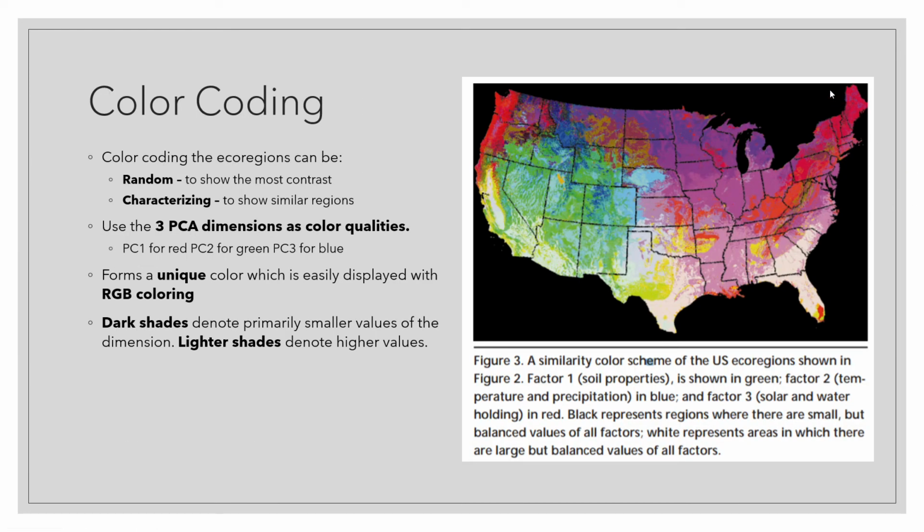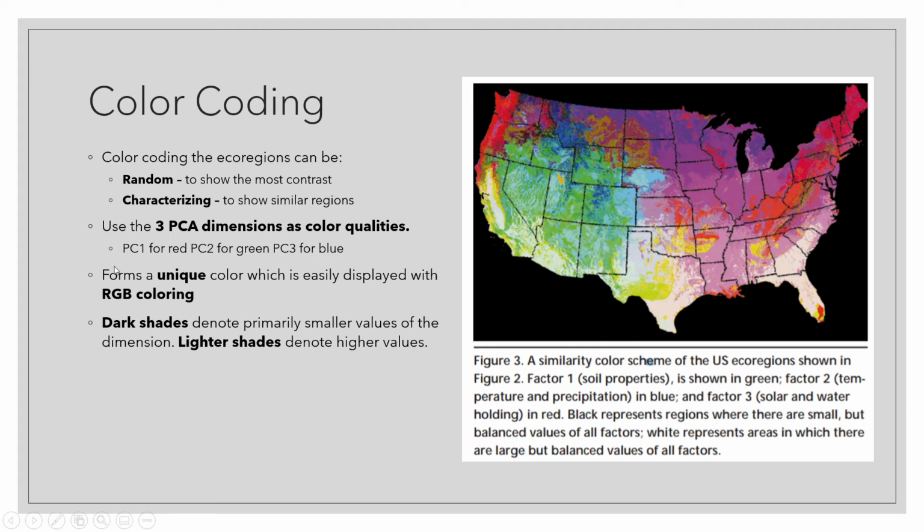So we can also decide how to color this data. We can use random coloring to show, as we saw earlier, the borders between each ecoregion more clearly. But we can also use coloring that characterizes the regions based on those 9 factors. So as we saw earlier, the 3 principal components dimensions can be shown as color quantities. The first principal component we depict in red, the second in green, the third in blue.